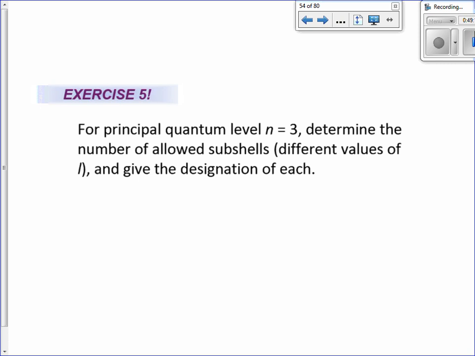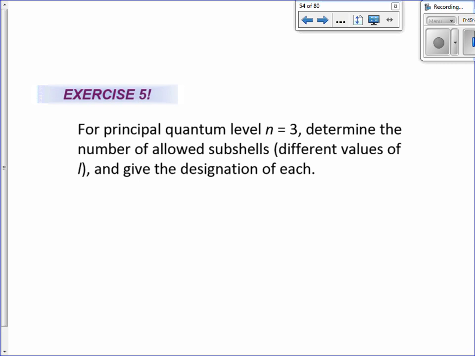Exercise 5. For principal quantum number n equals 3, determine the number of allowed subshells or sublevels and the different values of l for each. Okay, so that's a lot of information. In principal energy level 3, what can I have?